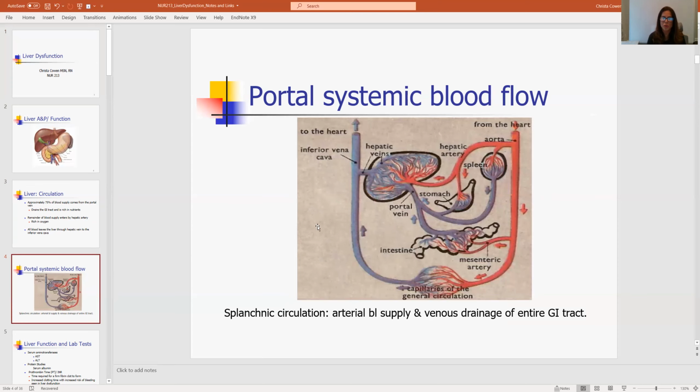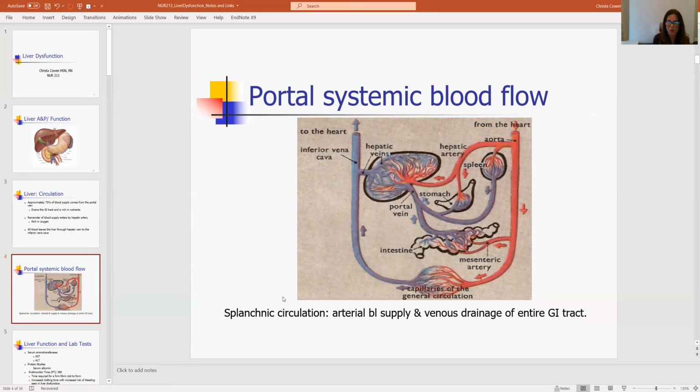So an important term for you to understand when we talk about liver and gut circulation: we talk about what's called splanchnic circulation. This splanchnic circulation is all of our gut circulation, so our arterial blood supply and our venous drainage of the entire GI tract.